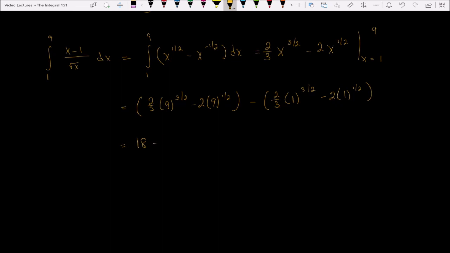Minus, square root of 9 is 3, times 2 is 6. Then we get minus 2/3 plus 2. This evaluates out to 40 over 3.